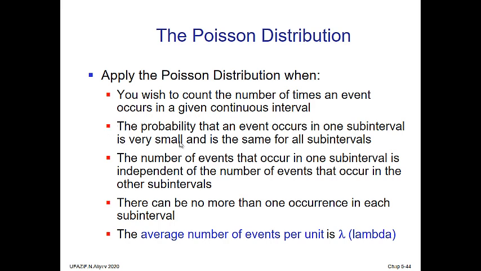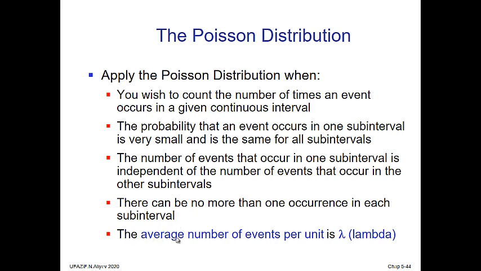It means the probability of something happening inside the interval is evenly distributed. Everywhere the probability is the same. The probability of an event occurring in one subinterval is independent of the number of events occurring in the other subintervals. And third, there can be no more than one occurrence in each subinterval.